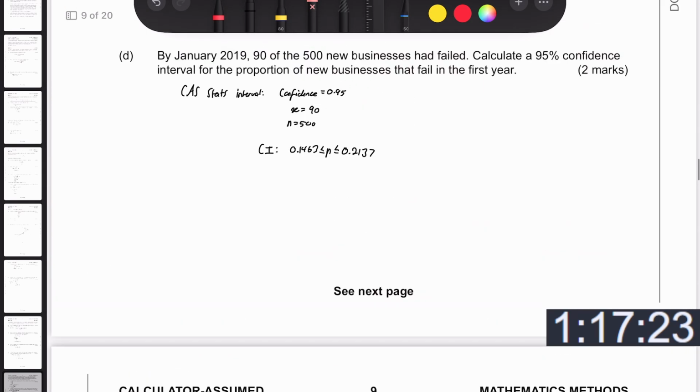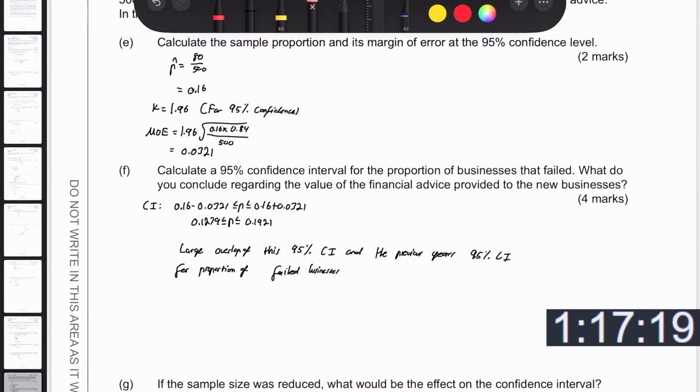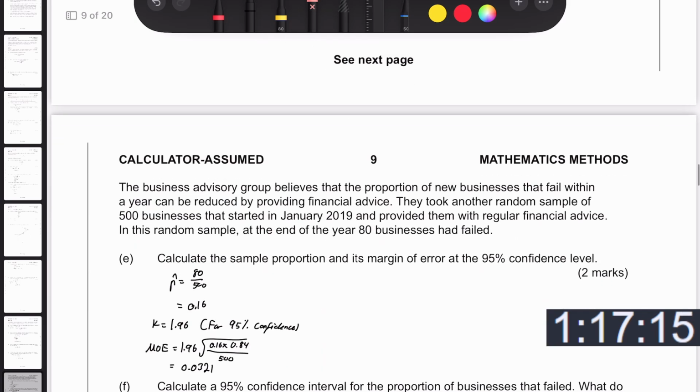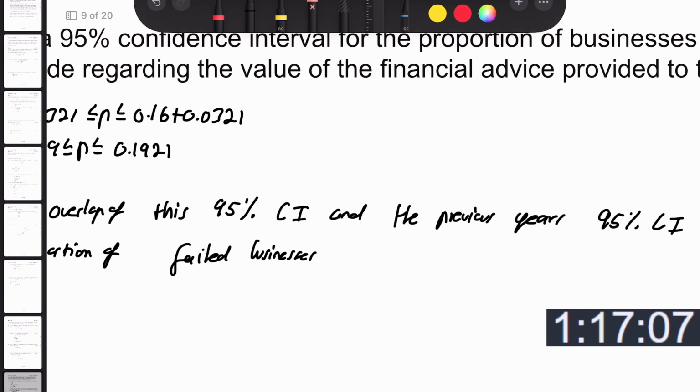It is slightly lower, but I don't think it's meaningful enough. So large overlap. So I'm going to say no, not effective.